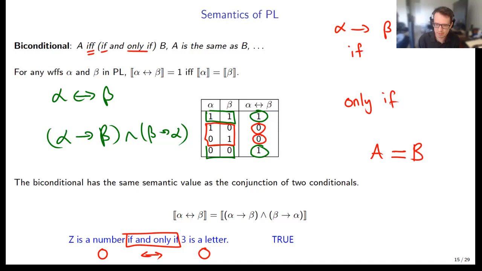So because we have 0 if and only if 0, this whole thing comes out to be true because these are both the same truth value. Z as a number is false, 3 as a letter is false. They both have the same value. This is an if and only if statement, therefore the output is true.